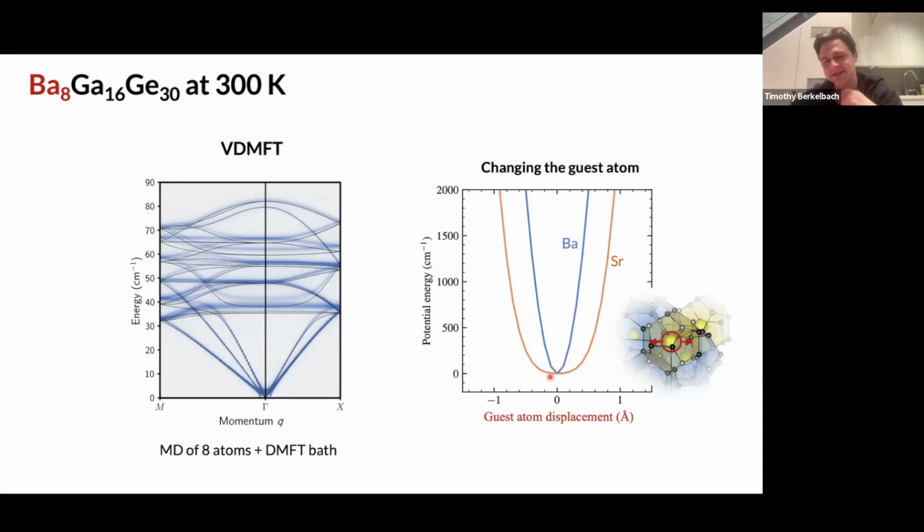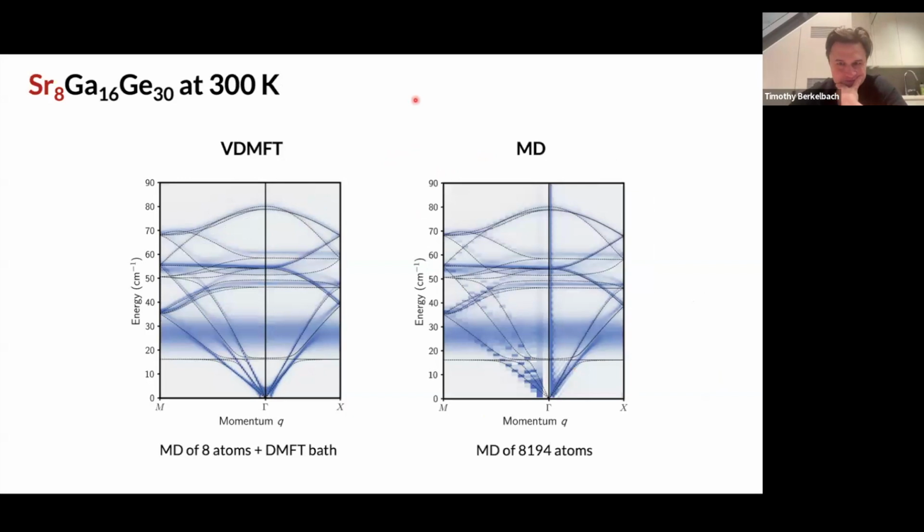Yes, strontium is much flatter, so it will be lower frequency and more anharmonic. And skipping over details and just jumping to the results, here's now the comparison between the molecular dynamics spectral function with strontium as the guest atom and DMFT on the left. Again, qualitatively, you can see that the agreement is extremely good, even though this is still a single site DMFT.